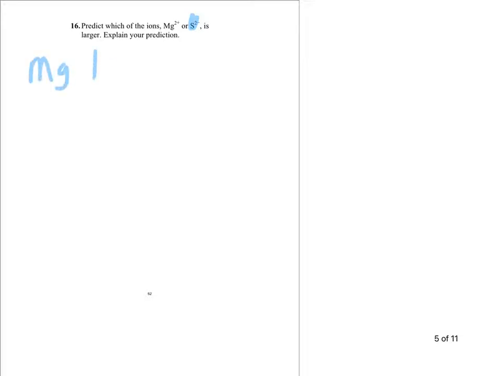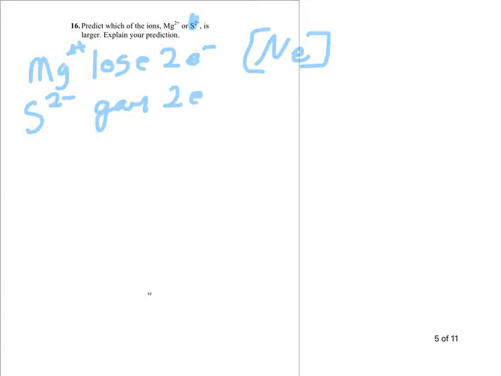Magnesium had to lose 2 electrons, which ends up making it look like neon, where sulfide ion had to gain 2 electrons, meaning it looks like argon, and argon is bigger than neon. And within the same group, the negatively charged ions are always going to be bigger than the positively charged ions.